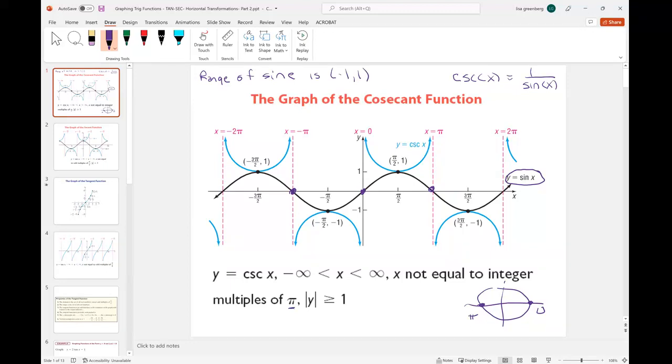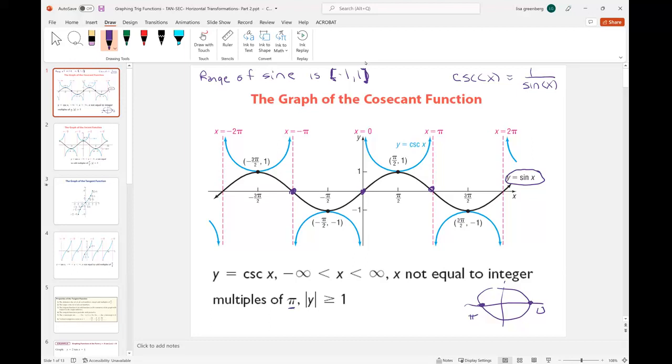So let's think about any number between -1 and 1 except for 0. Let's look at the outsides. Oh, it includes -1 and 1. Okay, so let's just look at -1 and 1.